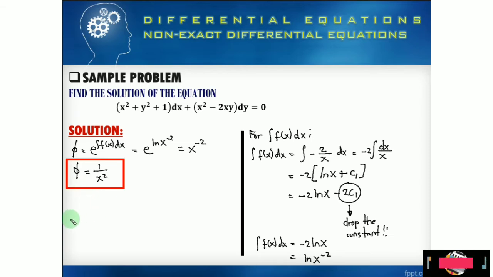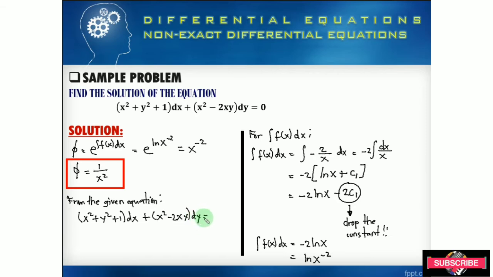Okay, so we have here, from the original equation, from the given equation, x squared plus y squared plus 1 dx, plus here we have x squared minus 2xy dy is equal to 0.